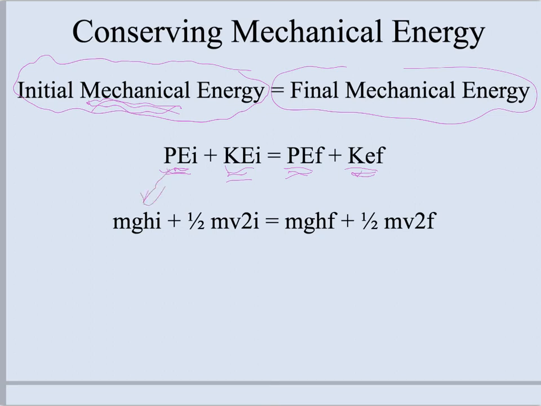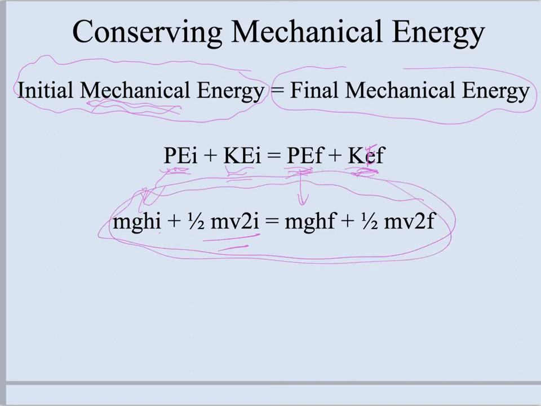MGH. So this is MGH initial. KE, what's the formula for KE? 1/2 mv squared. So this is 1/2 mv squared initial. PEF, that's potential energy final. What's the formula for potential energy? MGH final. And what's the formula for kinetic energy? That really should be a capital E. 1/2 mv squared final. So this entire formula here is the law of conservation of mechanical energy formula. And it can come in quite handy when we're doing problems.